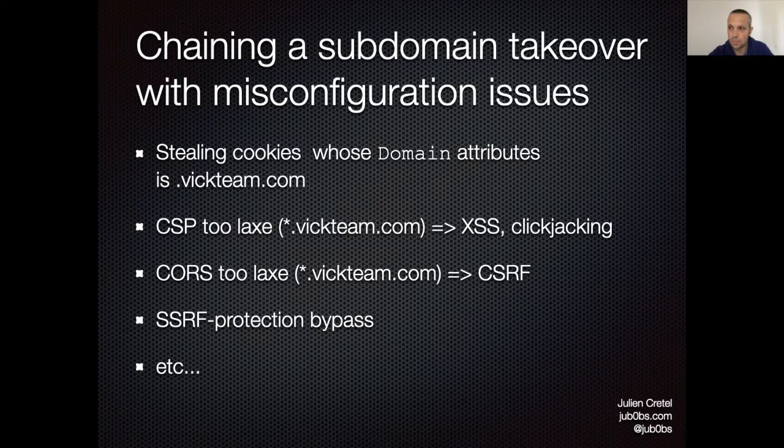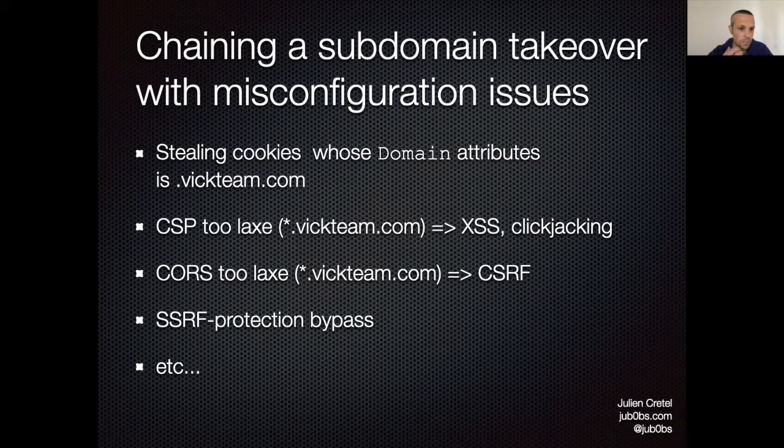If victim.com has a CORS policy, but again, that CORS is too lax and allows all of their subdomains, then potentially an attacker could mount a CSRF attack in order to harvest sensitive data from users.